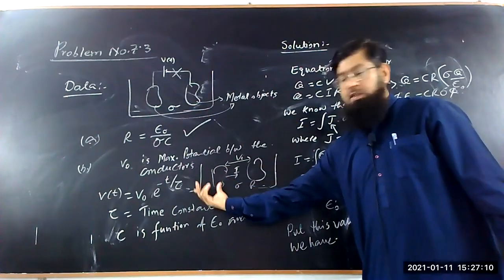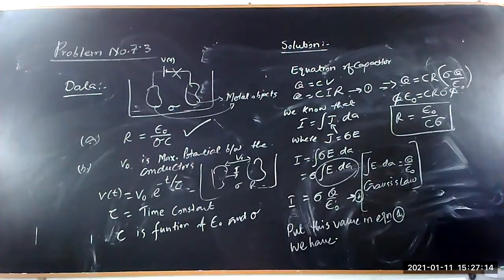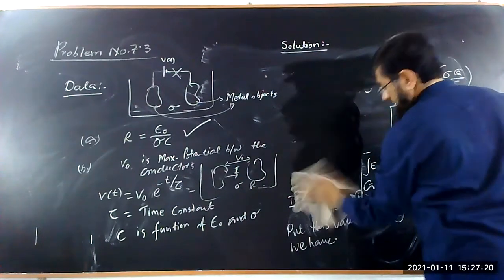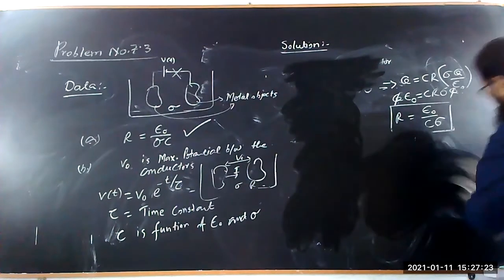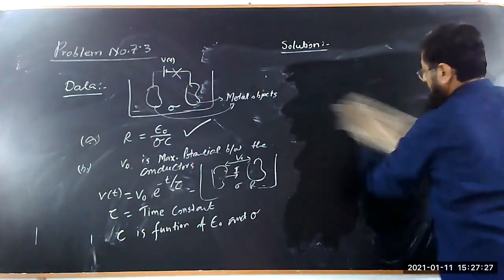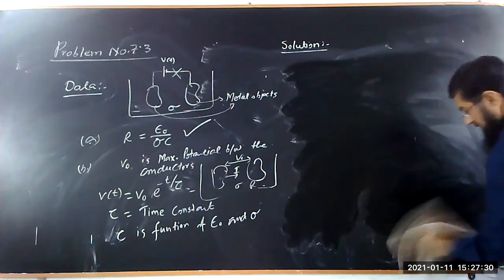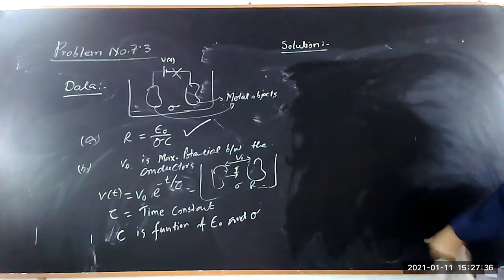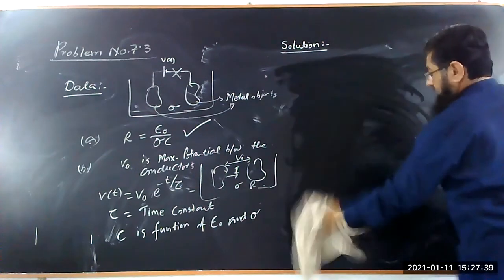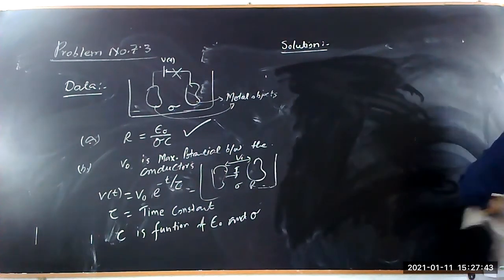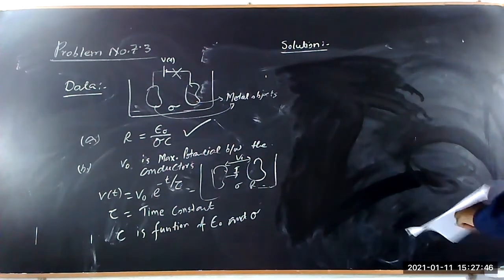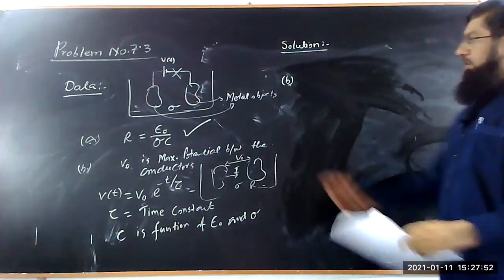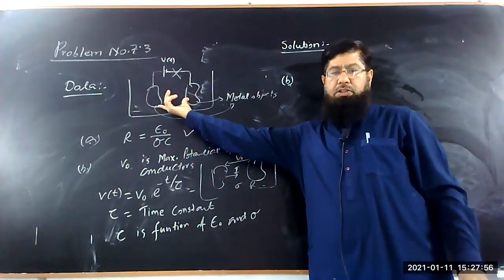So now we are moving towards problem number 7, part B. If we look into this problem B here, the capacitor's two metals are fully charged up to the potential V naught.